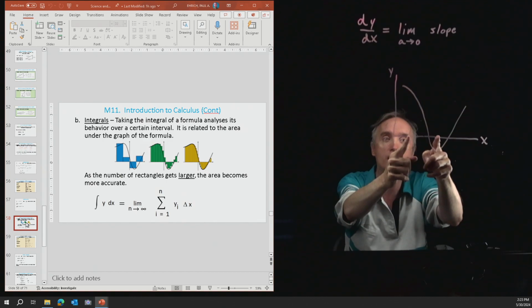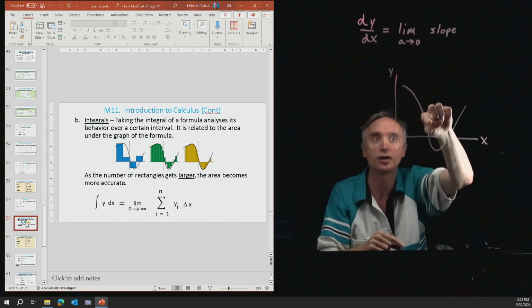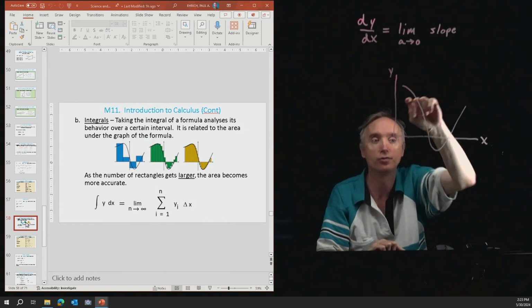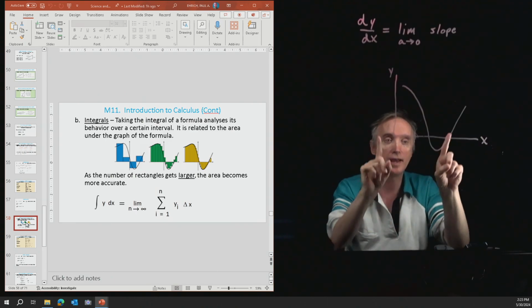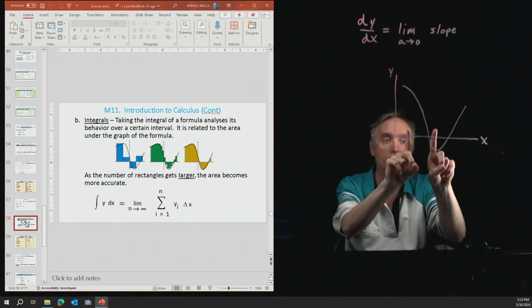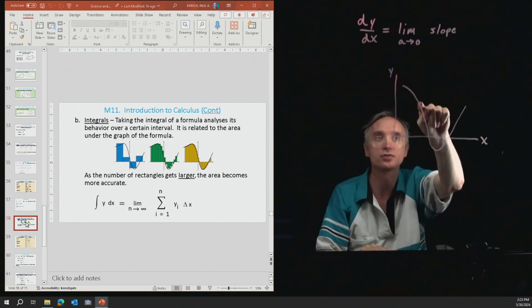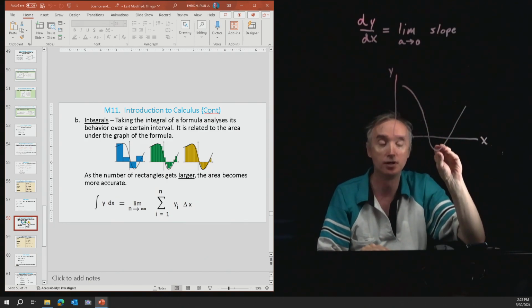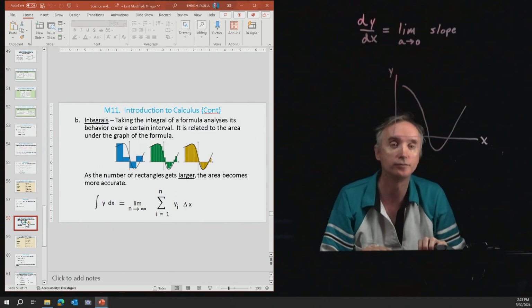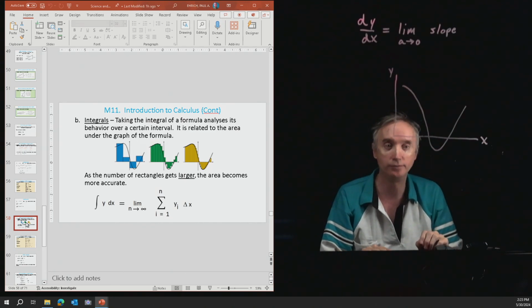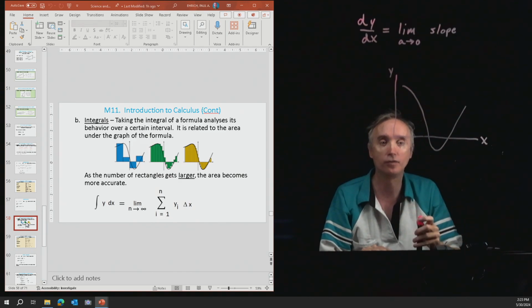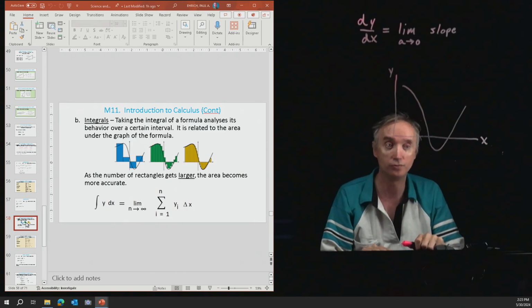Depending on which x's you would choose, you could get different kinds of slopes that would go through the same point. But as the x's got closer and closer together, the slope became the true slope for that curve. Similarly, we have to be very careful about the areas that we choose.